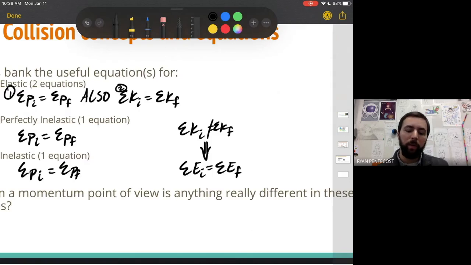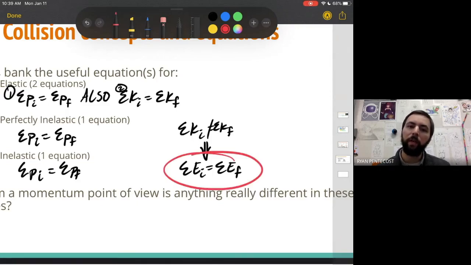For example, if the initial kinetic energy is transferred into gravitational potential energy or spring potential energy, that means that kinetic energy would not be conserved, right? That means that the kinetic energy initial is no longer the same value in the final state, right? That means that you started with some energy, and now that kinetic energy is zero because it came to a stop. It came to rest at some height, or it came to rest as it compressed a spring. That means that kinetic energy is not conserved, but that doesn't mean that energy wouldn't be conserved. Energy can still be conserved even if kinetic energy is not.